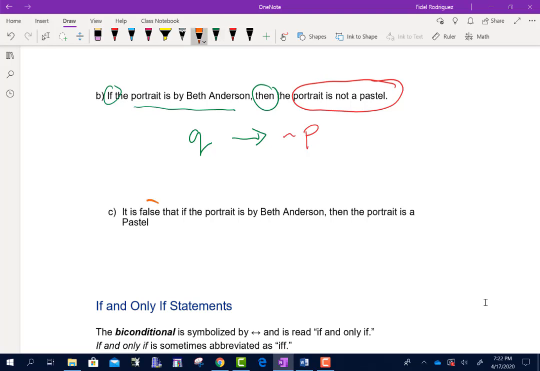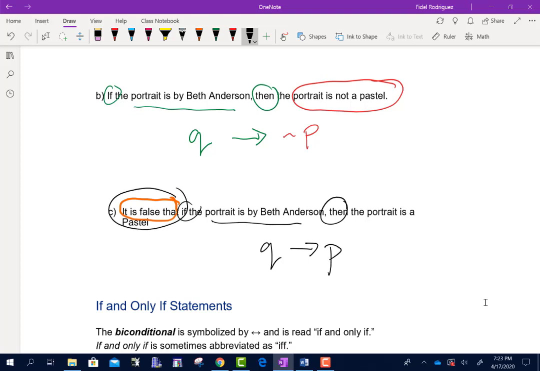Look at this problem. It says, it is false... You know what? Actually, let me circle the whole piece. What I mean by the whole piece is this part right here. It is false that if the portrait is by Beth Anderson, then the portrait is a pastel. Okay, so first thing I'm going to do here, portrait is by Beth Anderson. That is Q. This is an if then, so it's going to be an arrow. The portrait is a pastel, that's P. Since I have that it is false in front, I'm going to put this business here in parentheses, and we're going to negate it.